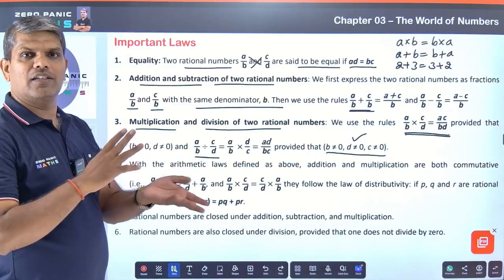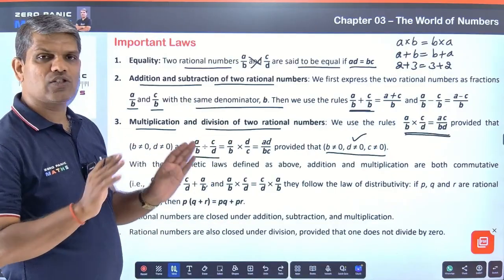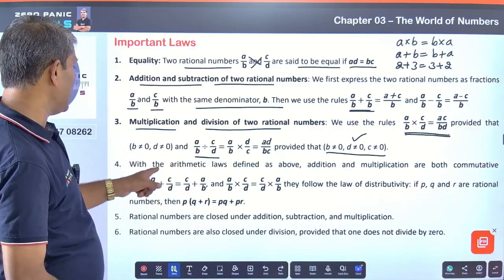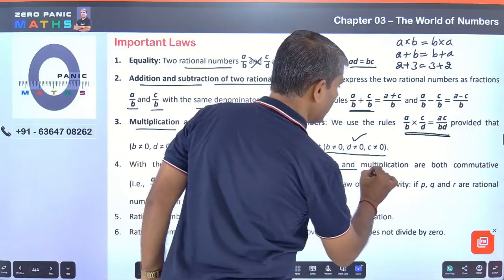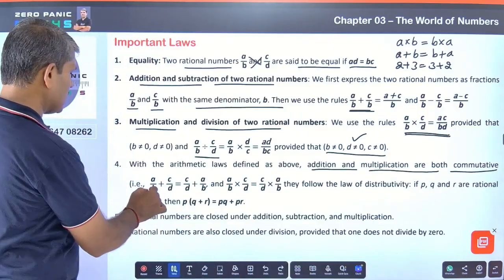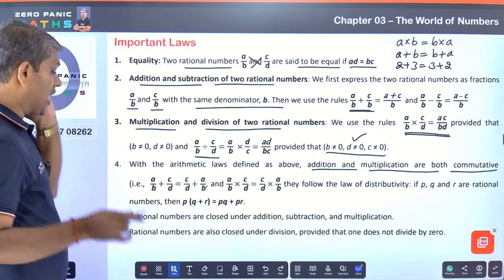Multiplying by reversing the operand values does not make any difference in the result. That is what is said here, that with the arithmetic laws defined above, addition and multiplication both are commutative. Understood this? Okay, so they are saying it applies to fractions also.